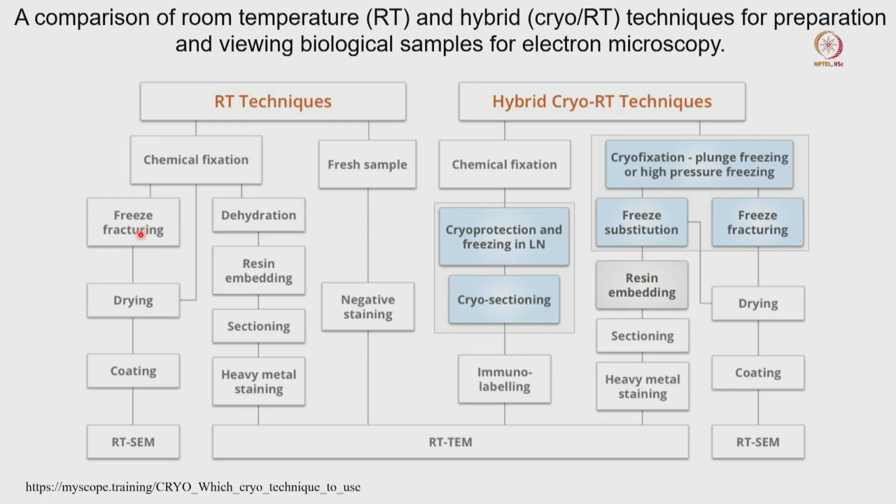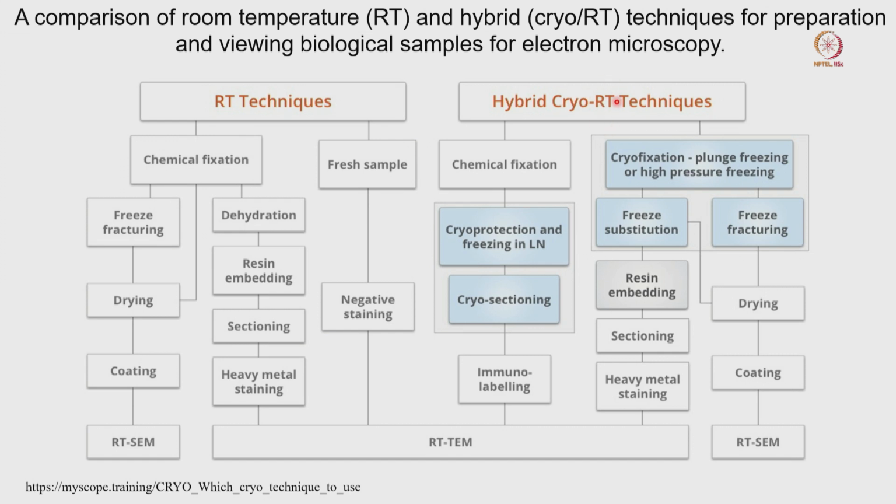We are going to discuss that freeze fracturing more. Then you have to dry the sample. When you have the dehydrated dried sample, you have to coat with platinum and carbon, and then we can use it for room temperature SEM.